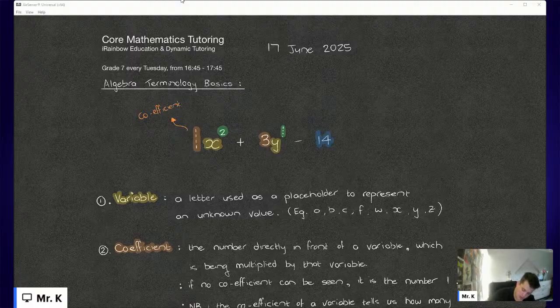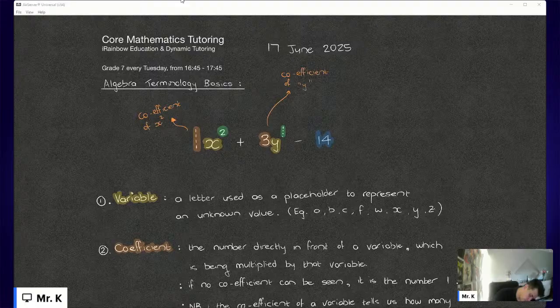The one that we see over here is specifically called the coefficient of x squared. Why? Because this one is attached to our x squared. So looking at the 3 over here, this is specifically the coefficient of y. It's the coefficient of the letter y.